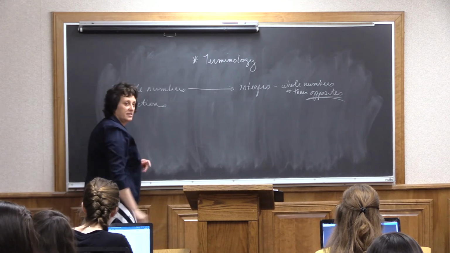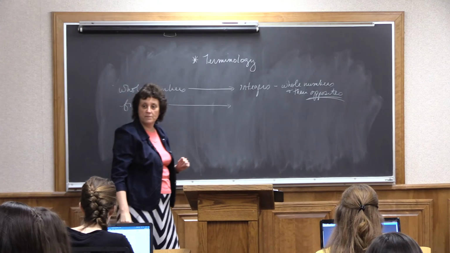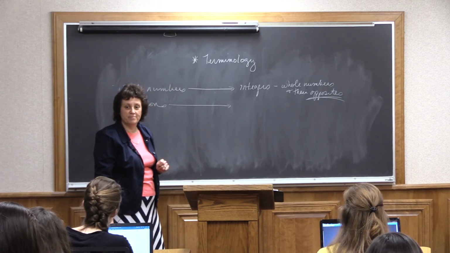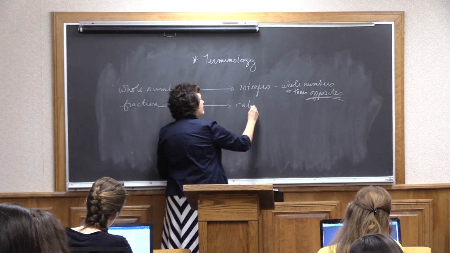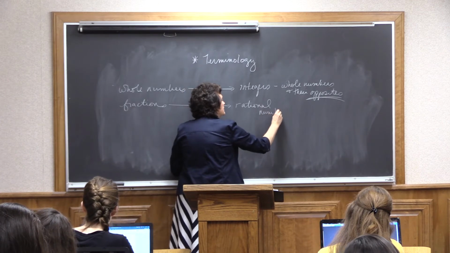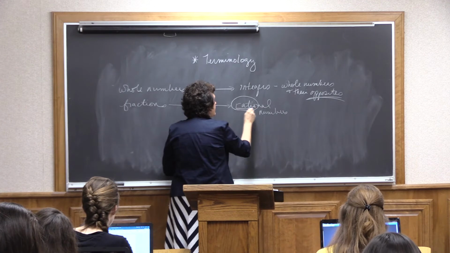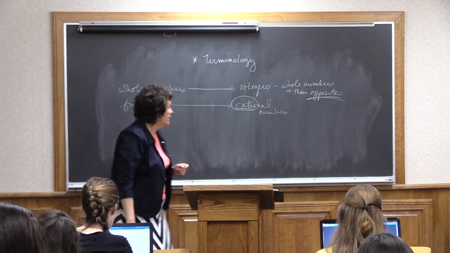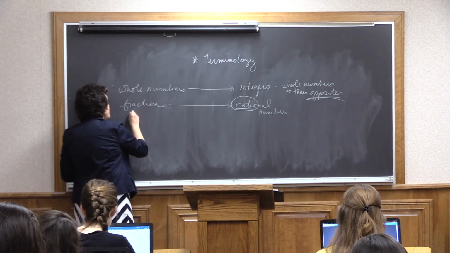Fractions are now called what? Rational numbers. Key part of that is the word ratio. For example, we have whole numbers, fractions, and mixed numbers.